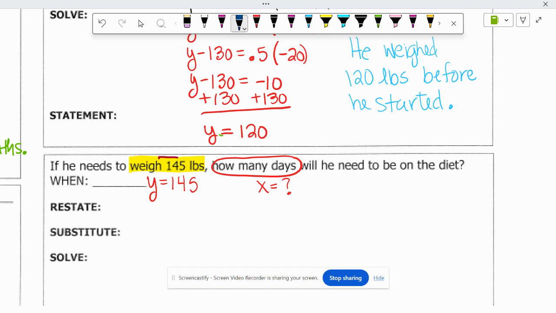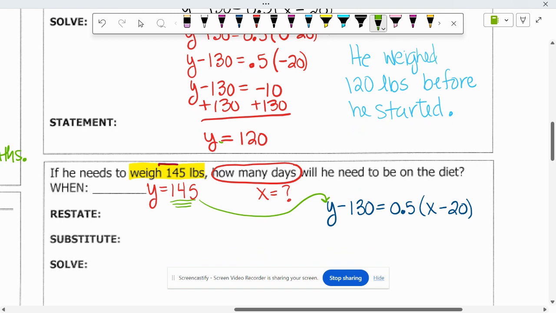So Christian, I'm going to take that original equation, y minus 130 equals my slope, 0.5 times x minus 20. And I'm going to replace the y with 145.